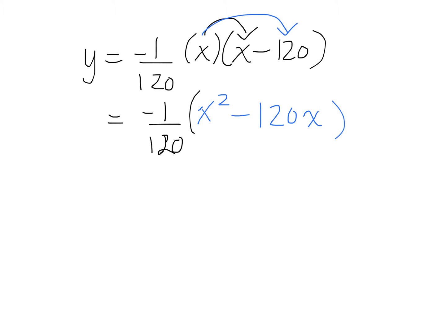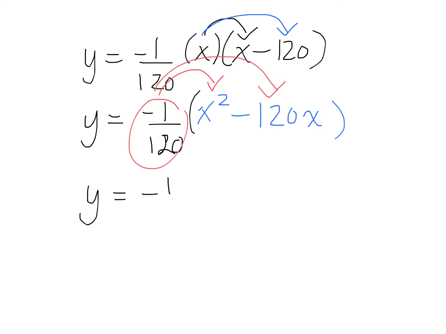Is that it, or can I distribute this now? Okay, distribute that now. Okay, so negative 1 over 120 times X squared is negative 1 over 120 X squared. Negative 1 over 120 times negative 120X is positive X. 1X if you want to write.